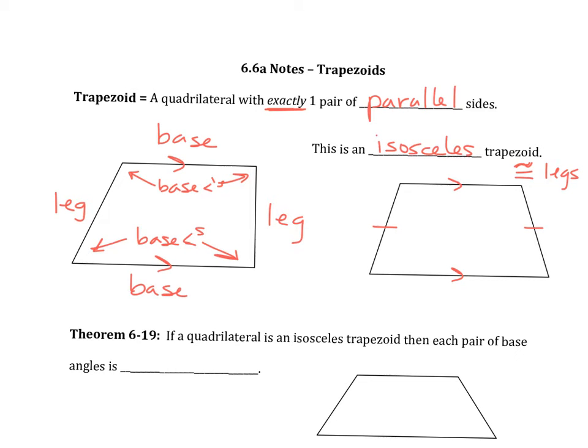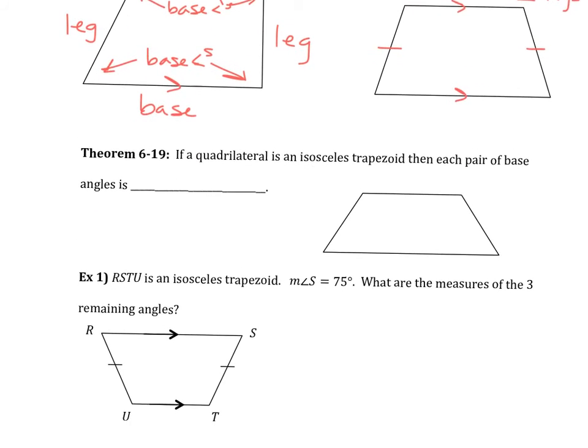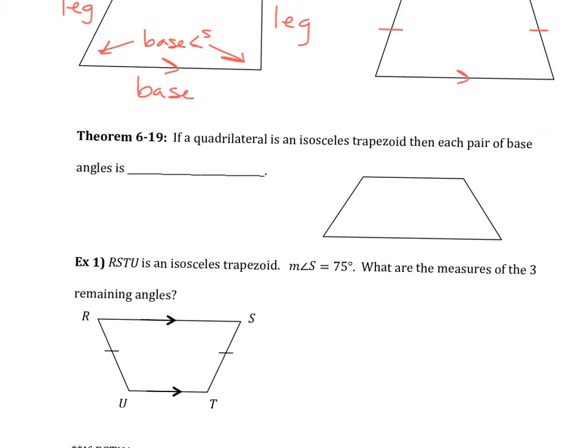So that's trapezoids. There is a theorem that goes along with an isosceles trapezoid. That says this: if a quadrilateral is an isosceles trapezoid, then each pair of base angles is what? Congruent. Okay, so if this is an isosceles trapezoid, what that means is the two angles that lie on the same base are the same. So that means this angle is the same as this angle, and this base angle is the same as that base angle.